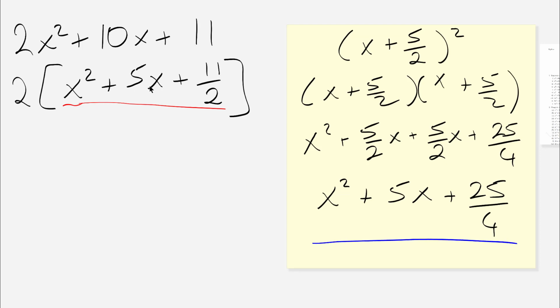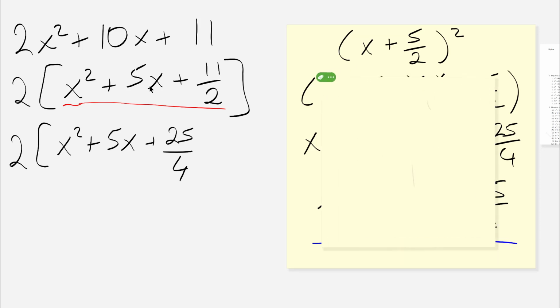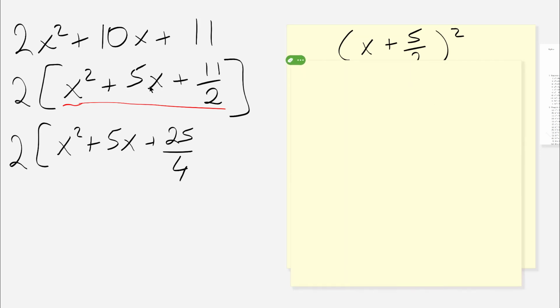So back to the left here, I have 2 times x squared plus 5x plus 25 over 4. Now what about the remainder? Well, to get the remainder, remember it's as simple as saying 11 over 2 take 25 over 4 is going to be minus 3 over 4.